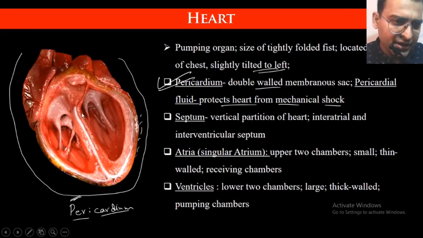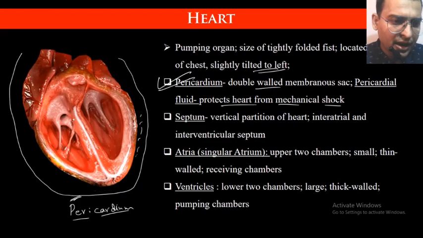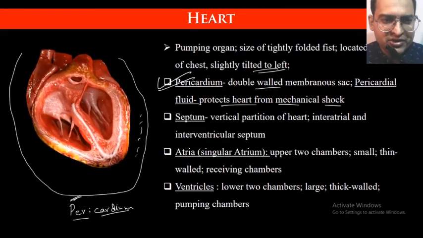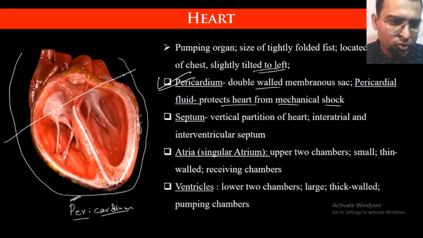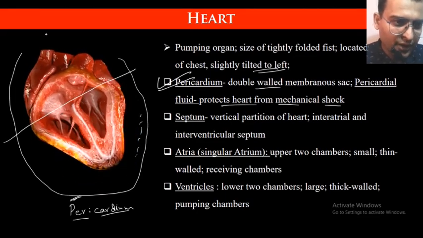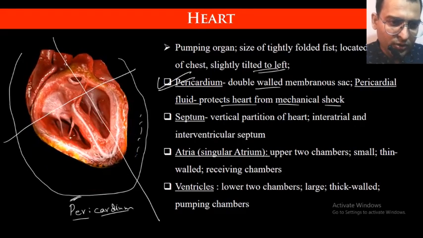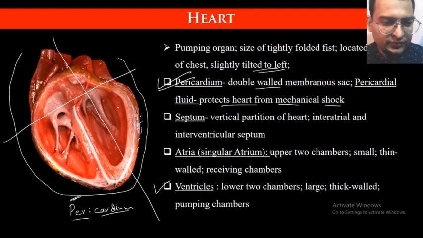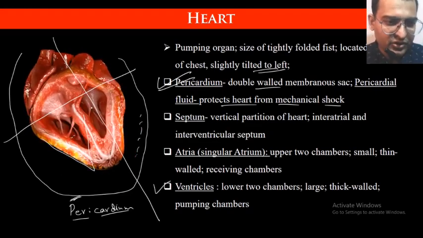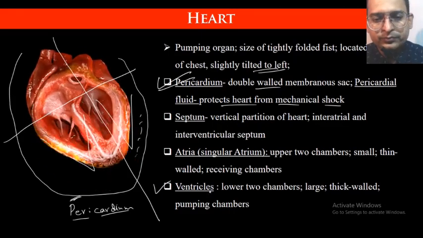As you can see, the heart has 4 chambers. The lower 2 are called the ventricles. V-shaped, right? V for ventricles.